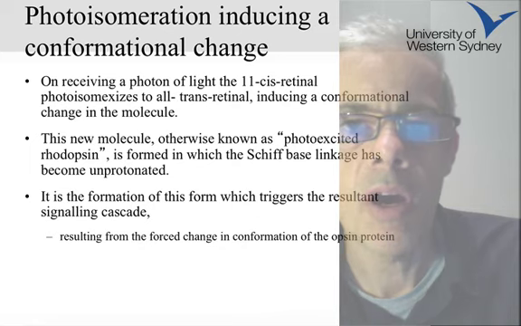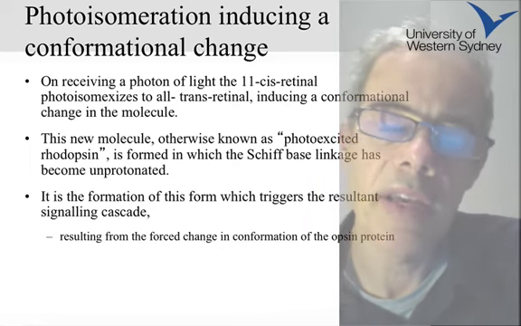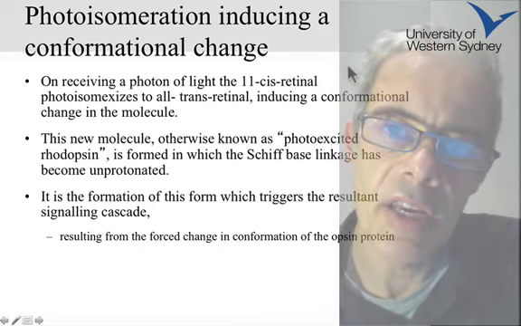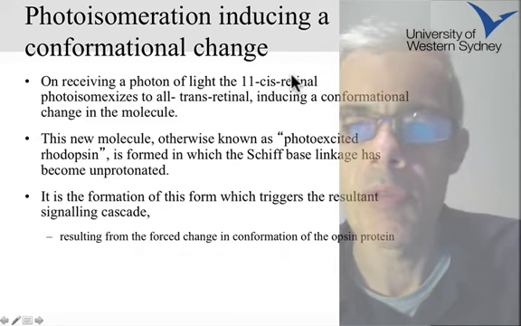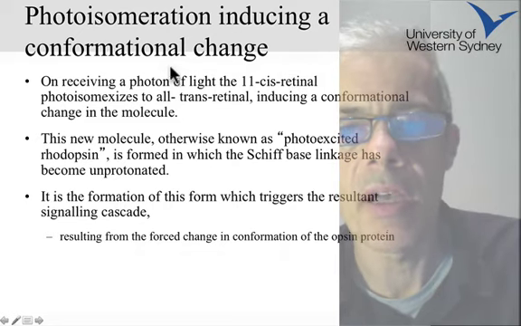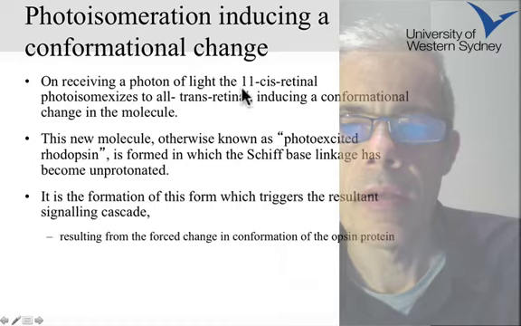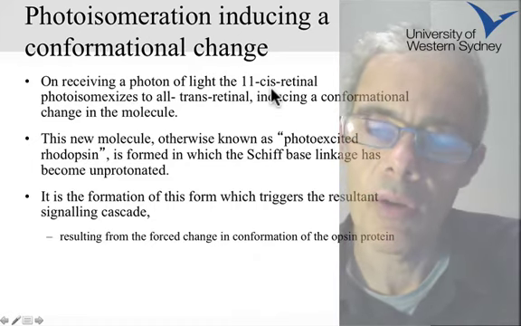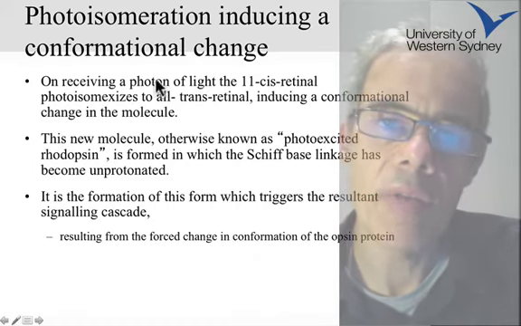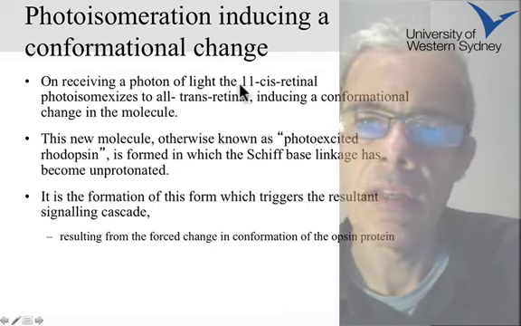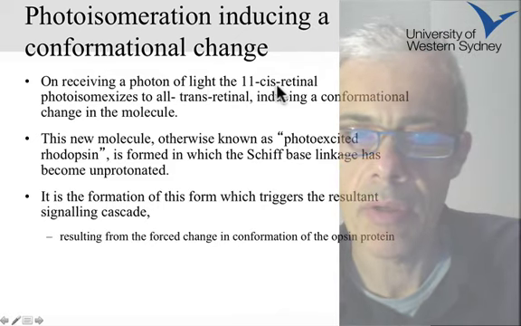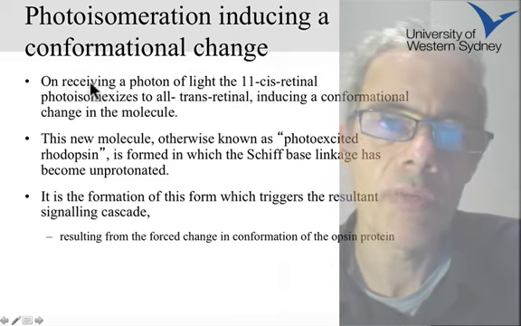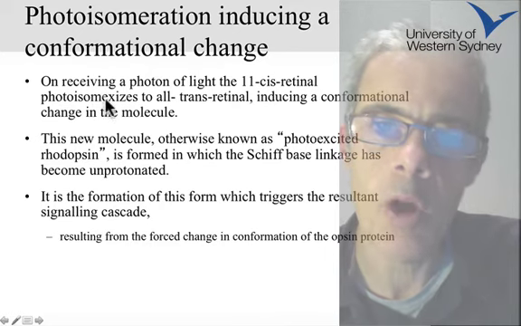So photoisomerization causes a conformational change in the protein. Now this is driven by the 11-cis-retinal compound. So a photon of light hits the 11-cis-retinal compound. It causes a photoisomerization of that molecule.